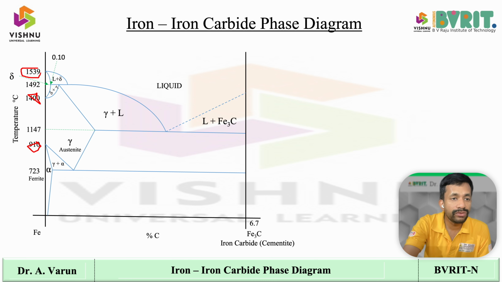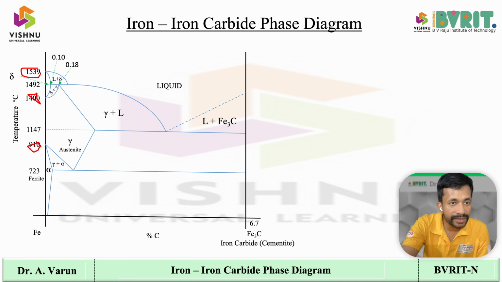And we need to indicate the carbon composition. Here we have the delta zone maximum 0.1, and then here is where the peritectic reaction occurs, we'll see that in a while.